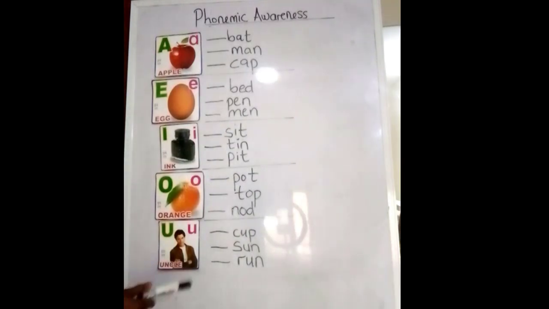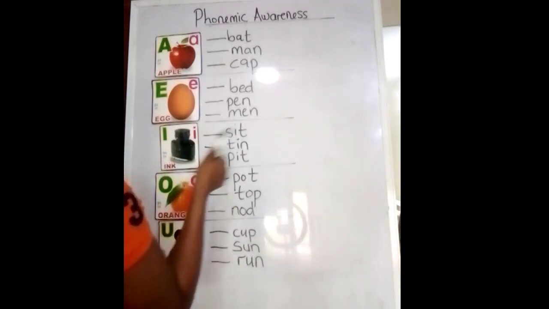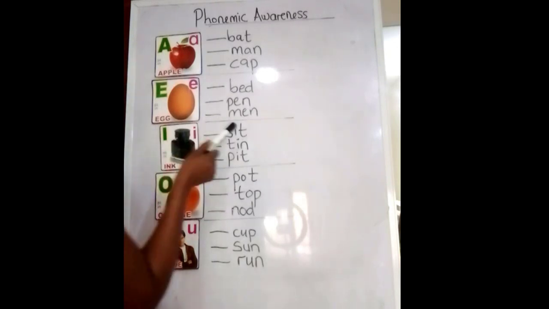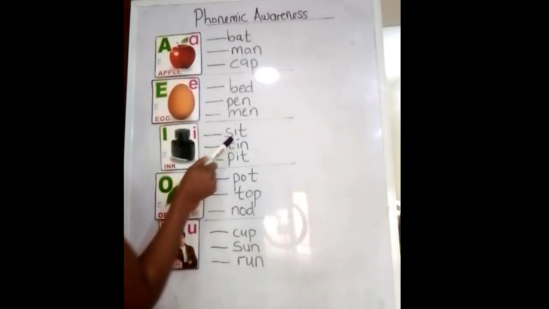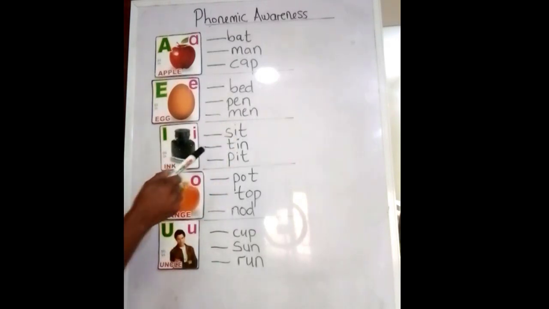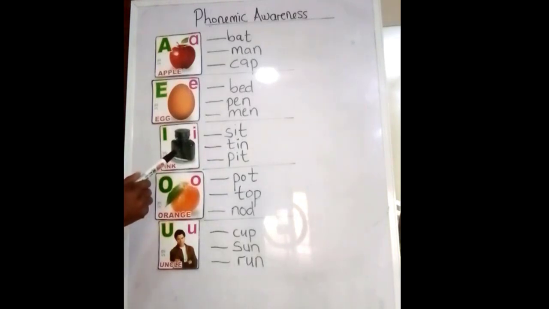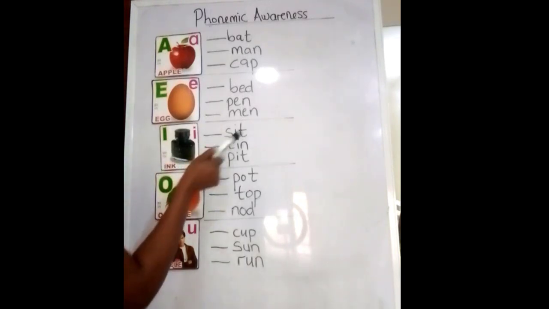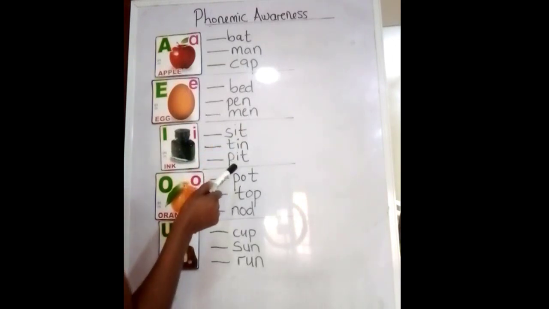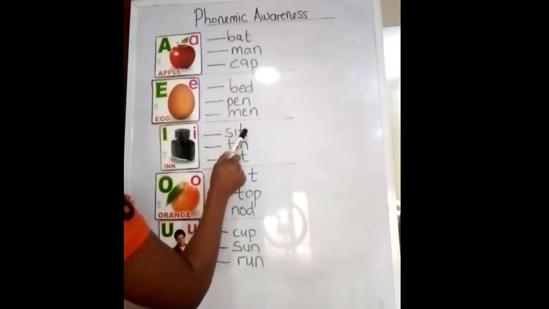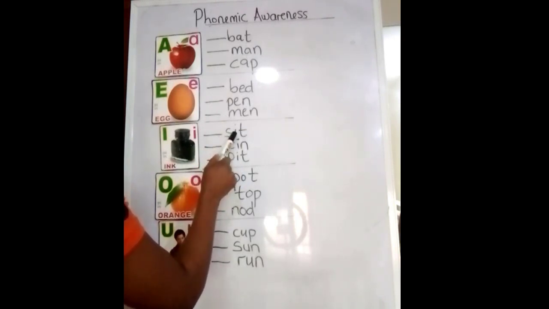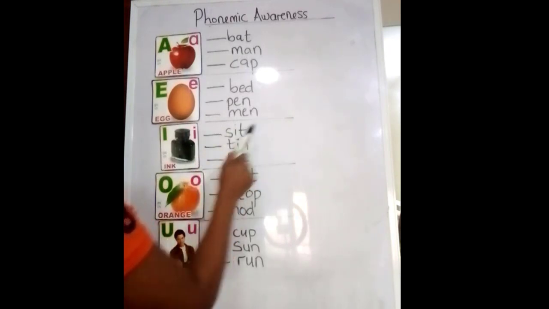So the next category here, we have sit, tin, pit. So we quickly look at each of them. Sit, S, remember, makes the sound S. So you have letter I, which we have looked at earlier, and as a sound it makes the sound I. And then you have T, which makes the sound T. So you combine S, I, T, to give you sit.